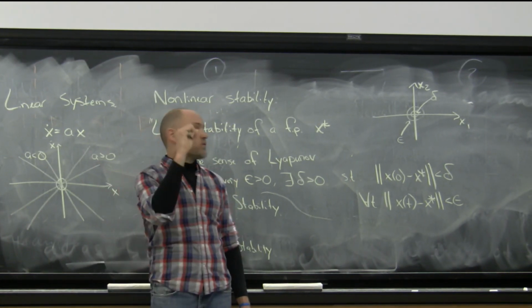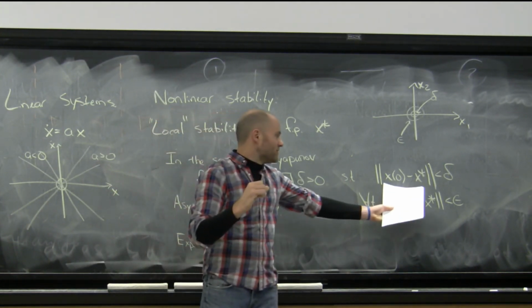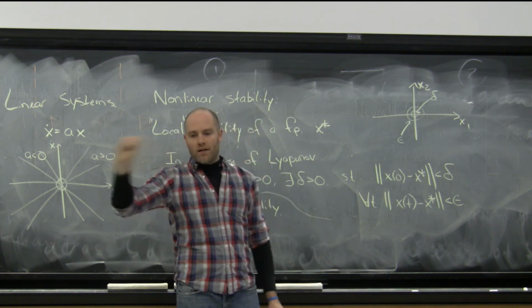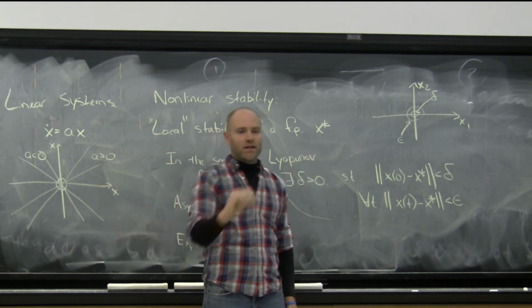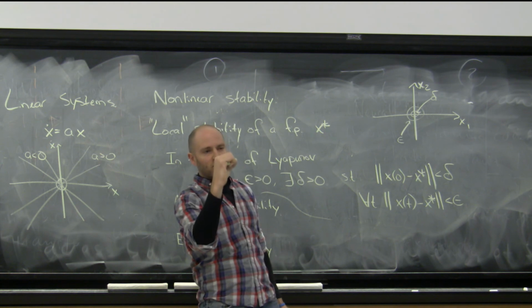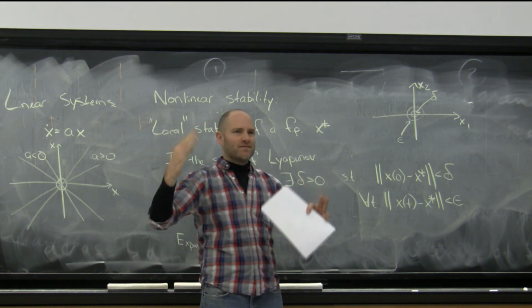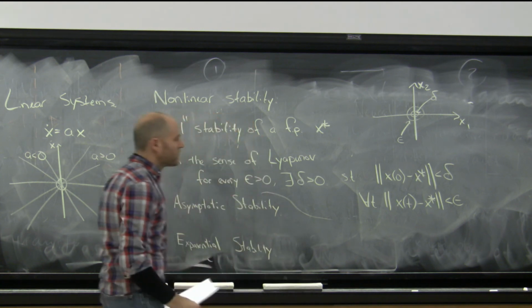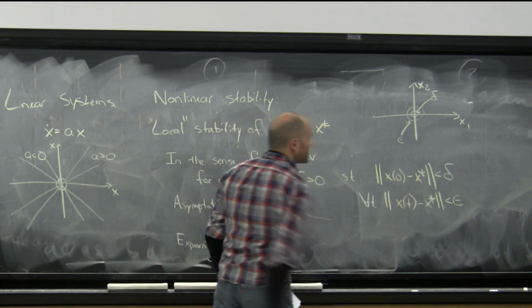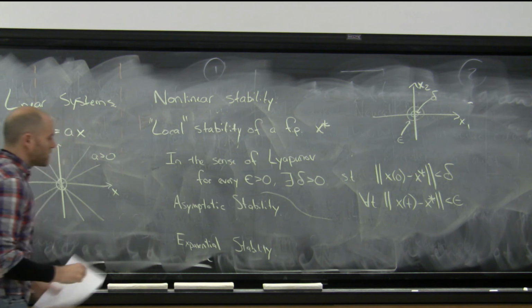Starting inside, so this is a circle, and if my orbits are elliptical or something, then I might have to pick a smaller circle to guarantee that I never leave the bigger circle. Is that fair? So they're not always the same, epsilon and delta. We'll understand that in detail.